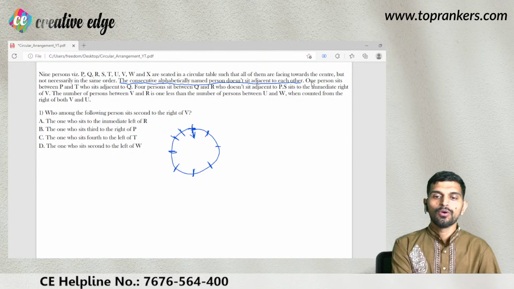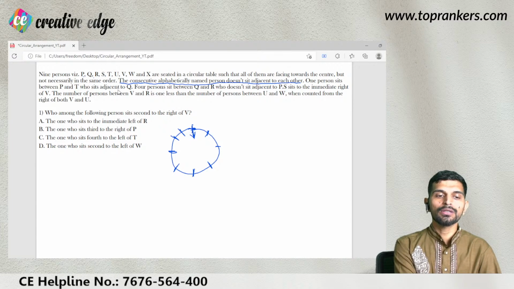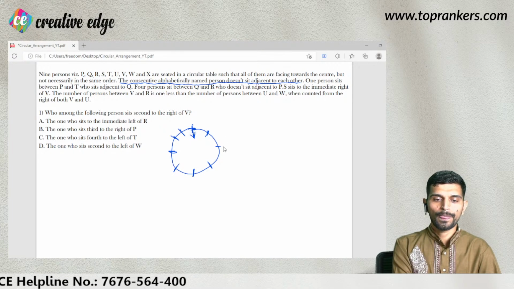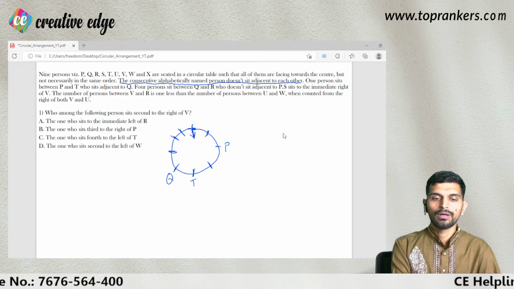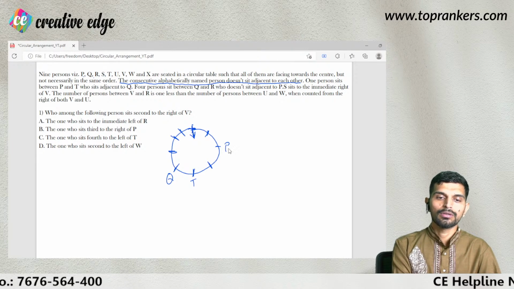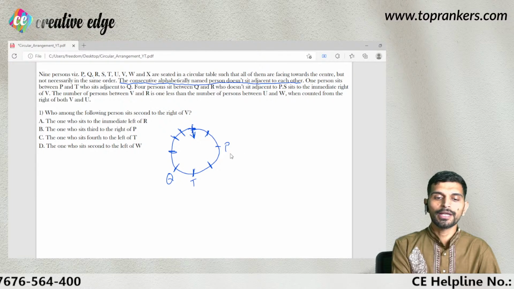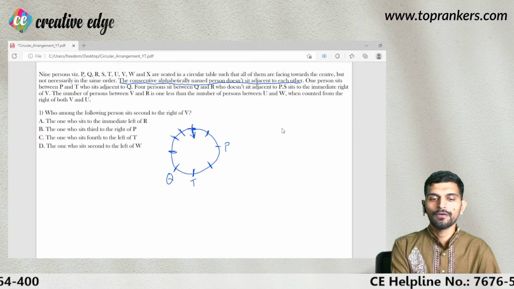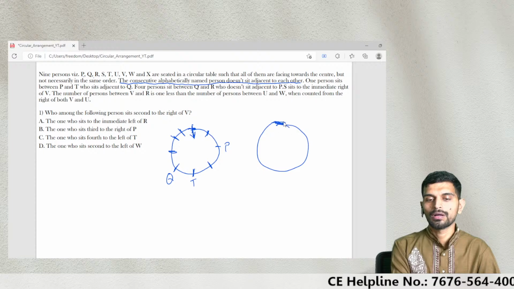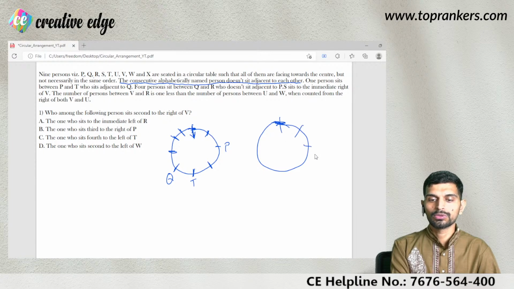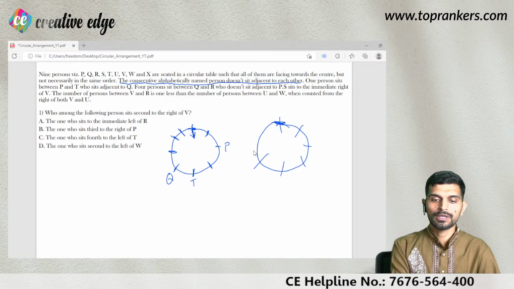All right. One person sits between P and T, who sits adjacent to Q. So P and T. There may be another possibility that this P is towards the left of T. One, two, three, four, five, six, seven, eight, and nine.